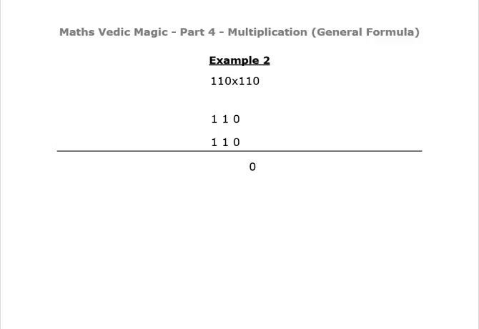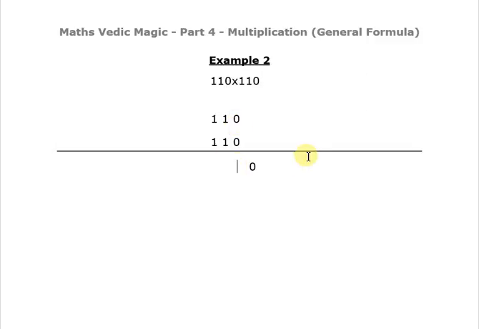Then I start shifting towards the left, for both multiplicand and multiplier. So 1 for the multiplicand multiplied by 0 of the rightmost digit of the multiplier, that gives us 0. And then the other way around, the middle digit of the multiplier and the top digit of the multiplicand, that again gives us 0. So the next digit is 0.